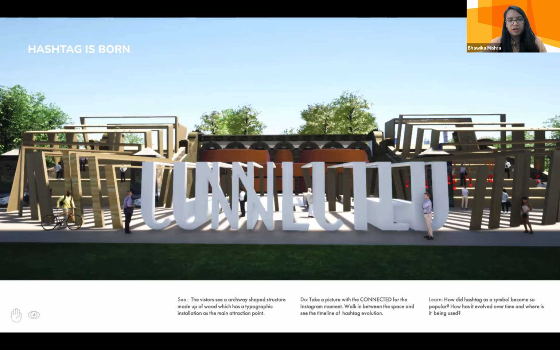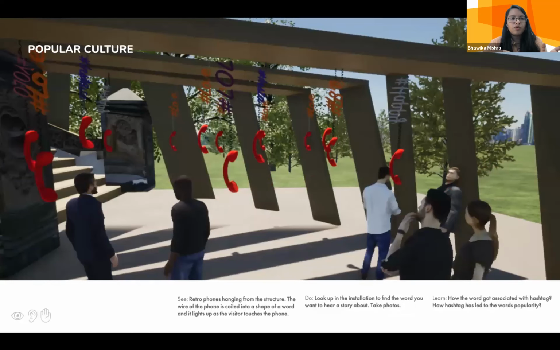And in this particular part, they learn about how hashtag became so popular and how its function and purposes evolved over time and where it is being used. As they move, it comes into a popular culture area, which is a mix of nostalgia and retro phones, which they see hanging from the ceiling.